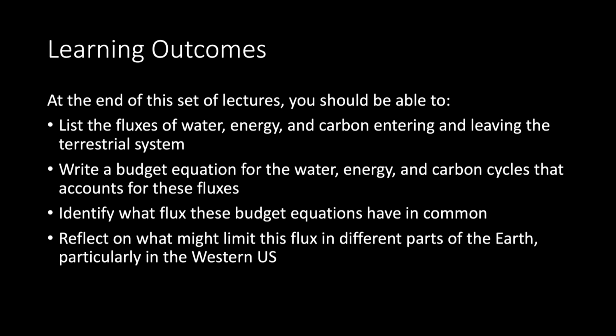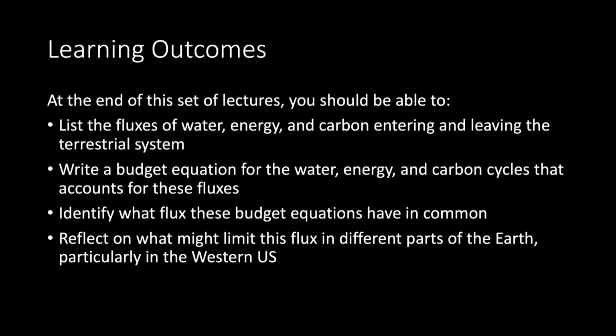So here are the learning outcomes for this set of about 5 short lectures. At the end of these lectures, you should be able to list the fluxes of water, energy, and carbon entering and leaving the terrestrial system. You should be able to write a budget equation for the water, energy, and carbon cycles that accounts for those fluxes.